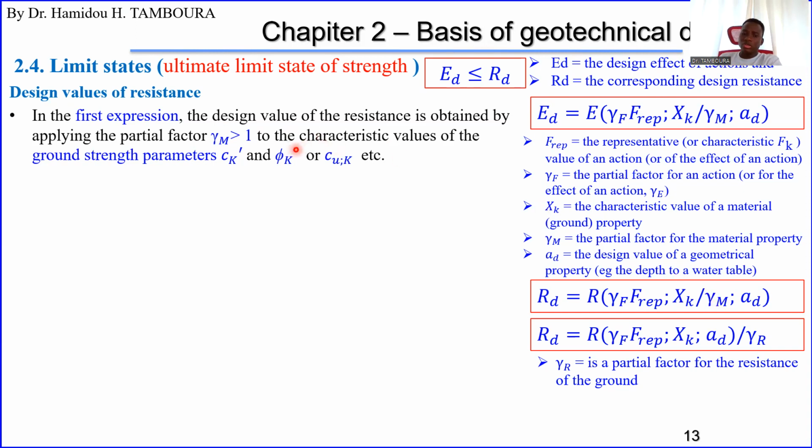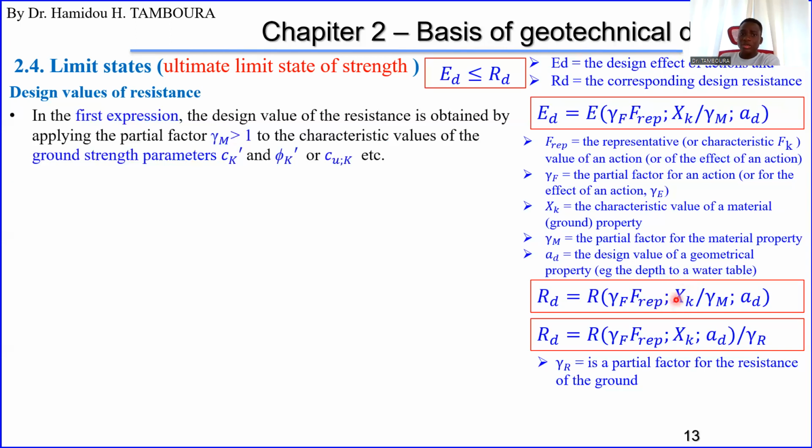So this applies to the characteristic value of the ground strength. Means, for example, this Xk, the X can be c, cohesion, can be phi, internal friction, or can be Cu in the undrained situation. This is the drained situation, this one is the undrained situation. Okay, the X here means geotechnical parameter of soil.